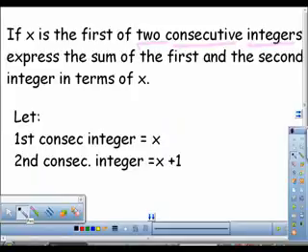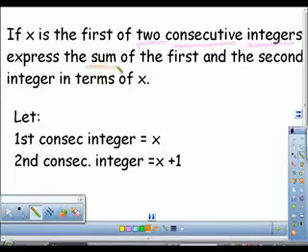Now let's look again at what this is saying up here. I want you to notice that it's talking about the sum. What arithmetic operation are we dealing with when we're dealing with the sum? Addition. We're adding, aren't we? Let's look at what we're adding. We're adding the first to the second integer. So we are going to write that out.